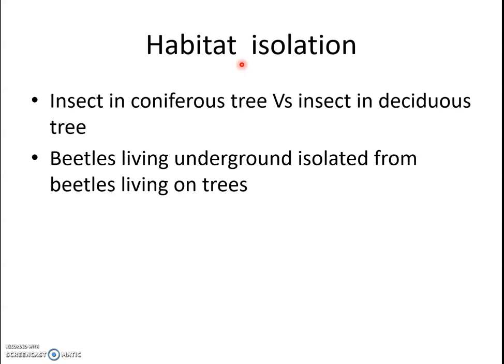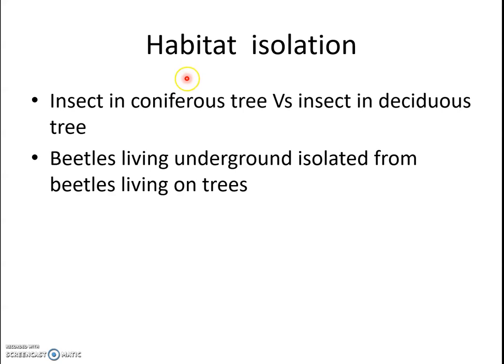So the habitat is acting as a barrier to prevent the members from interbreeding. That is why this type of isolation is called habitat isolation.